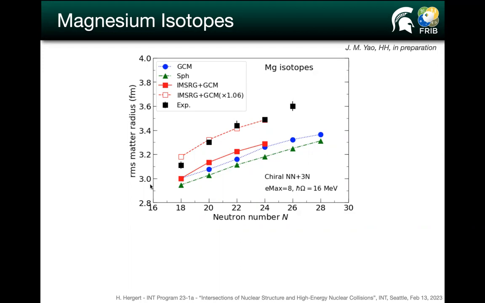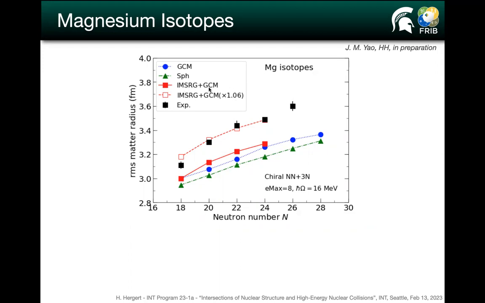So what's shown here are RMS matter radii of magnesium isotopes, which are an interesting chain of isotopes because there's the so-called island of inversion that happens here. There's an intruder state phenomenon that you really cannot describe well in the traditional shell model.